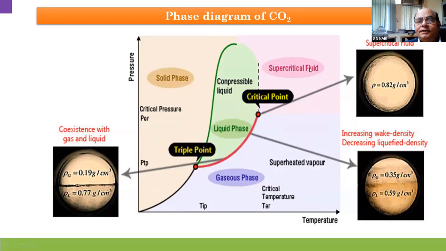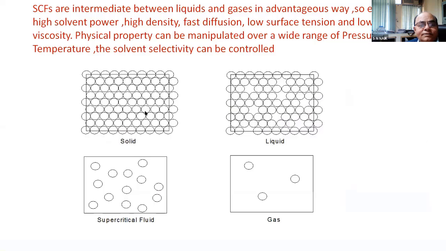So basically, you can see the solid phase, in which most of the molecules are in compact form, and in the liquid state, you can see there is a gap in between. And at the gaseous state, the molecules are more distant.